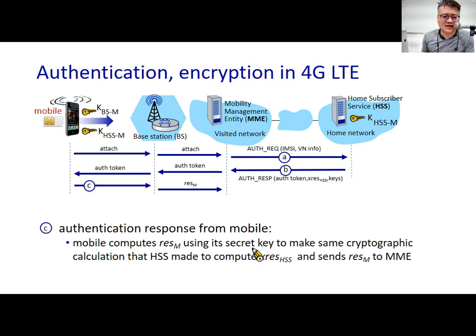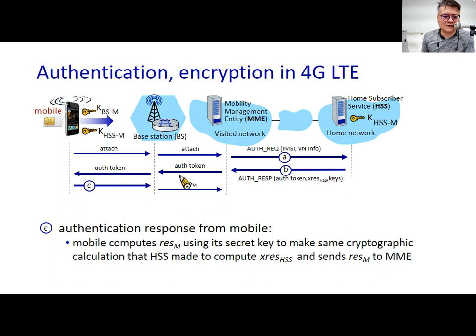Then in step C, the mobile gets the authentication token from the authentication response, which comes from the home network. The mobile computes the response.